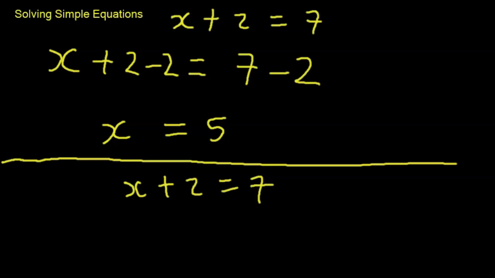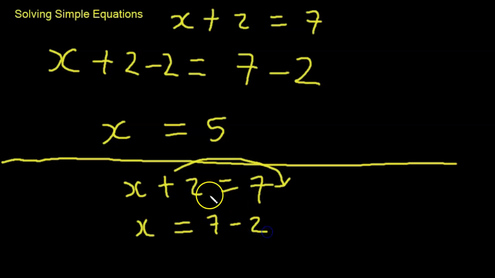Now let's look at x plus 2 equals 7 again. And I am fully aware that the way a lot of us learn to deal with this type of problem is to bring over positive 2. We were taught that anything that goes across the equal sign changes.